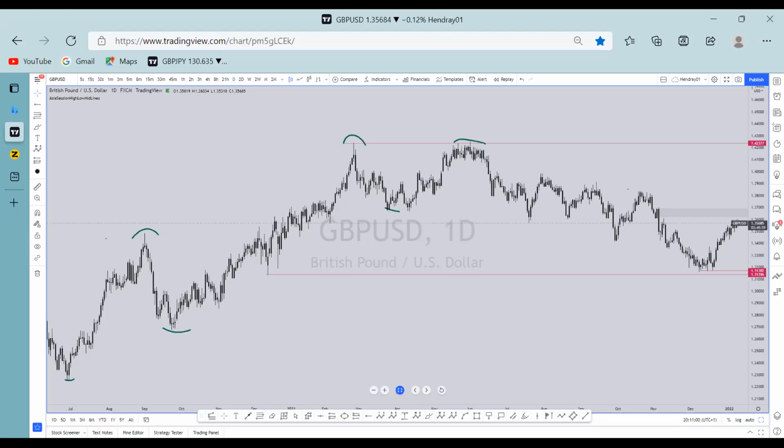Which means, what is now the internal structure of that daily structure? The internal structure before the market raised the first external liquidity here, before the market raised this external liquidity here, is what? That internal structure, I can now call it 4-hour structure.